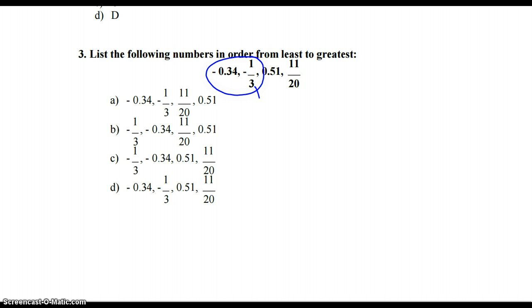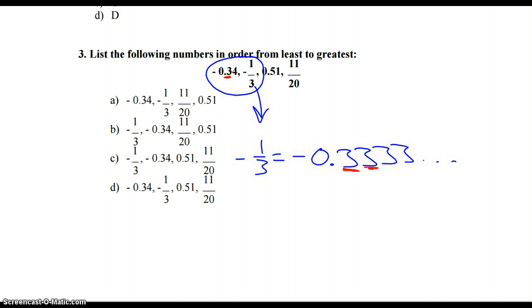Most of us can remember that negative 1/3 equals negative 0.3333 repeated. All right, so we can compare these 2 decimals. Now remember, if you have a larger negative number, that means it's smaller, kind of backwards, right? So I'll go to the first digit for both of these. They both have a 3.